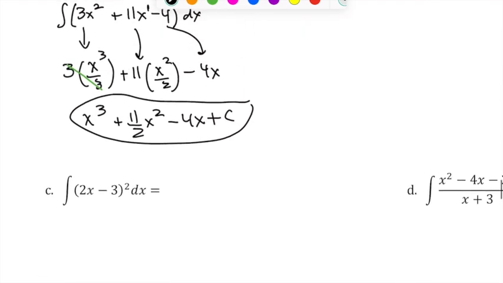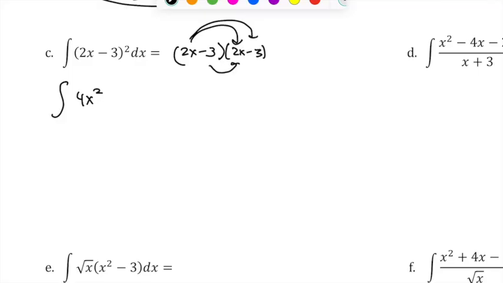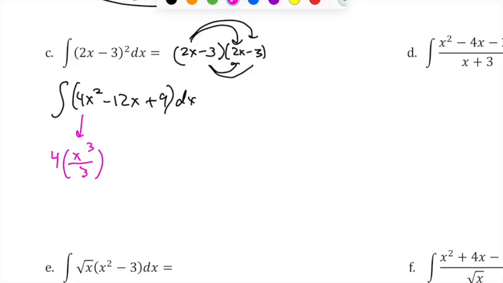This is similar to the question above it, A. It is squared. So if I distribute, I'm going to get 4x squared minus 6x minus another 6x for 12x total, and then plus 9. Now let's take each integral separately. This is going to be 4. So add on a 1 to the 2, so that's going to give me a 3 divided by 3.